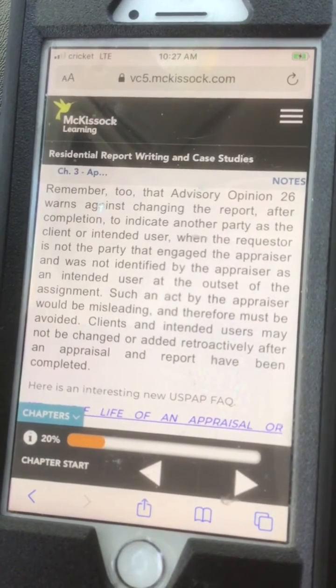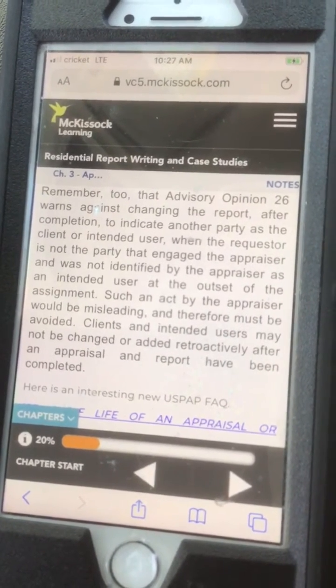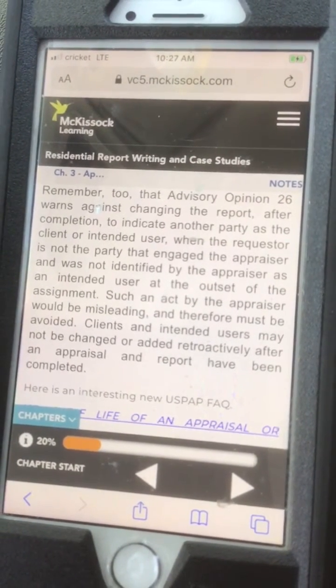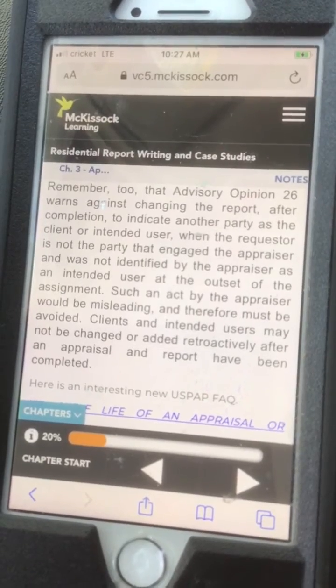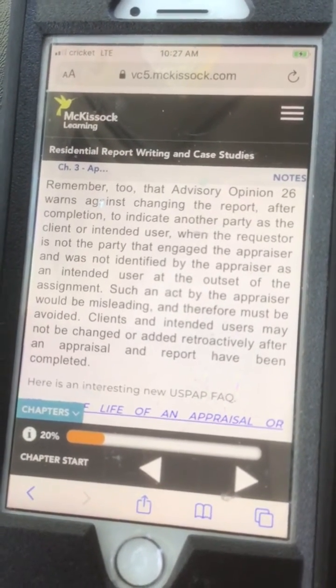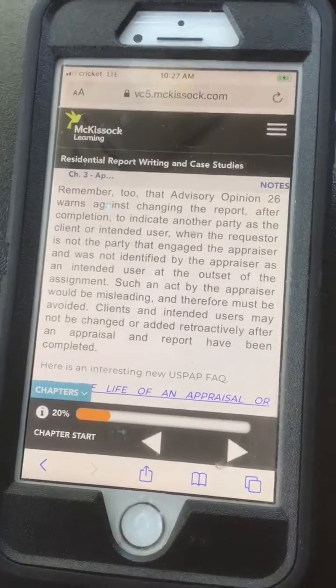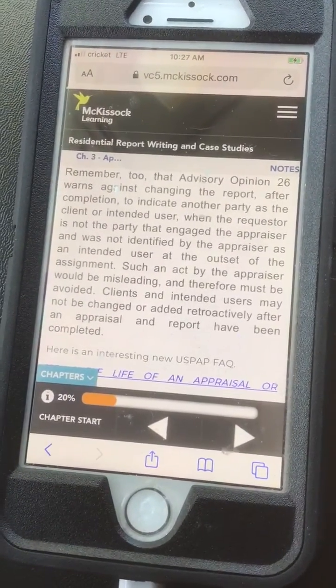Such an act by the appraiser would be misleading and therefore must be avoided. Clients and intended users may not be changed or added retroactively after an appraisal and report have been completed.